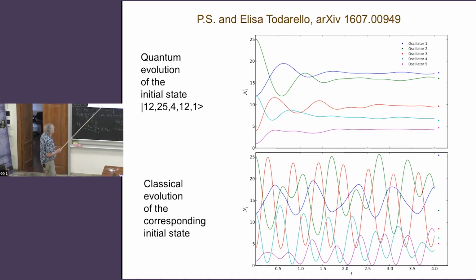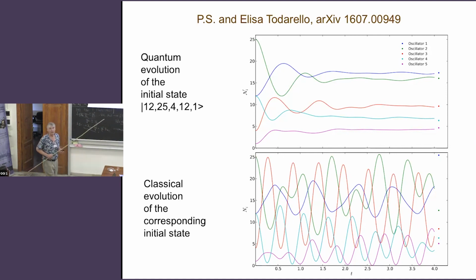We also simulated the classical evolution, which is very simple. And you see that the classical evolution is similar to the quantum evolution at the very beginning, but if you look at it a little later, it's completely different.